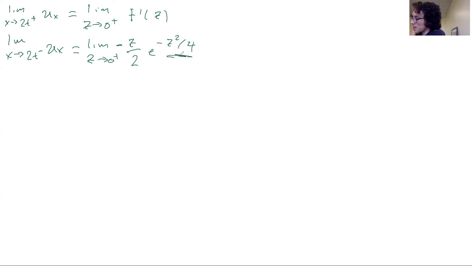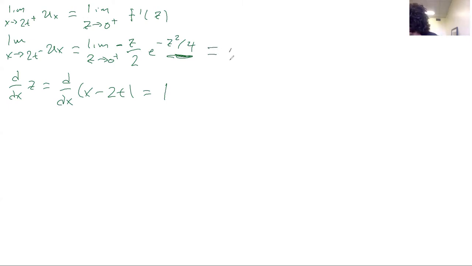Because you bring down this argument from the chain rule, but d/dx of z, which is equal to d/dx of x minus 2t, is just equal to 1, okay? So we don't have that same factor. So in this case, again, this is equal to 0, and it implies that this is equal to 0, okay?